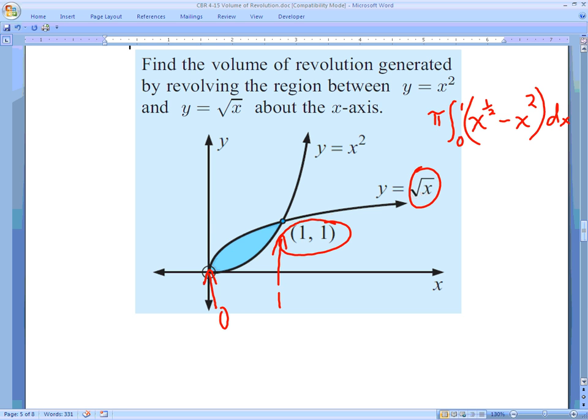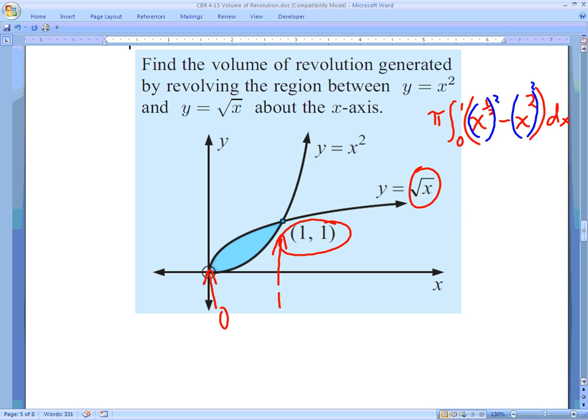Each of these functions now needs to be squared, so I can go back in here and square this one, go back in here and square that one, and that would be my setup for this function overall.